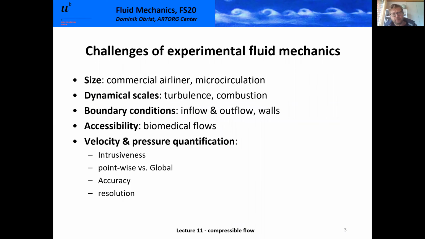And before we start with the actual methods and the facilities and the rules behind experimental fluid mechanics, I just want to quickly review the special challenges that we are facing in experimental fluid mechanics. Because what we want to do in every experiment, and that is probably true for any kind of physical experiment, is you actually want to model reality.